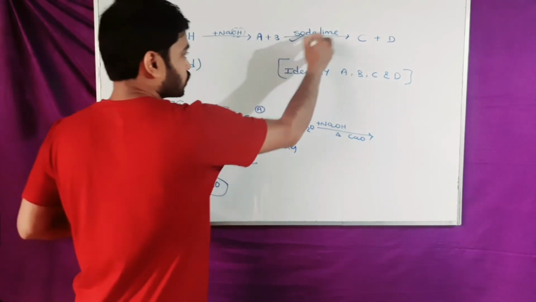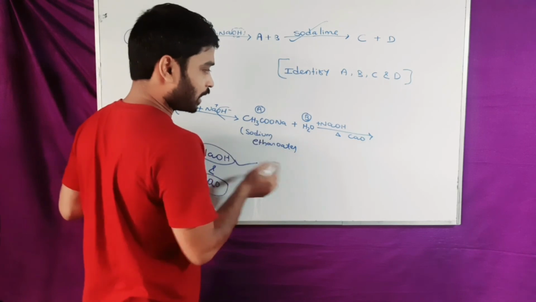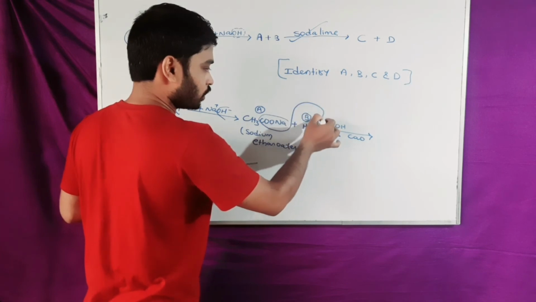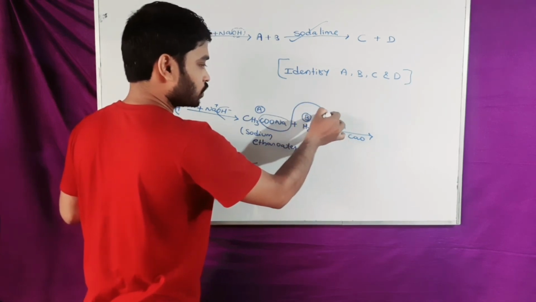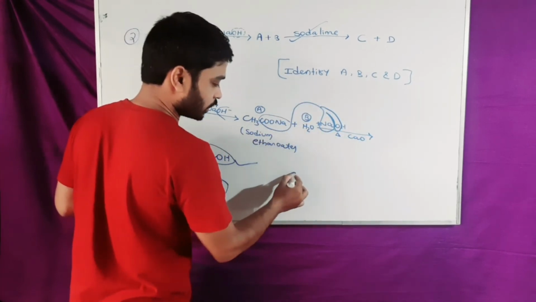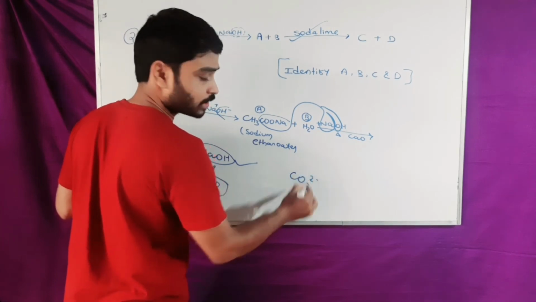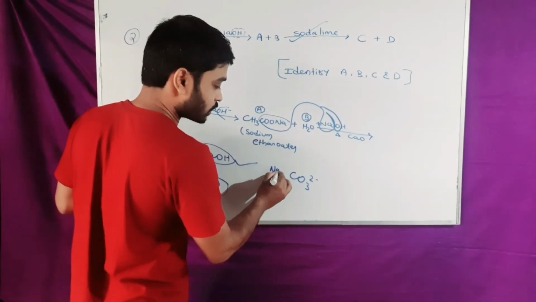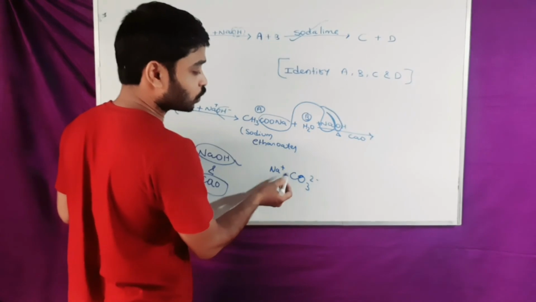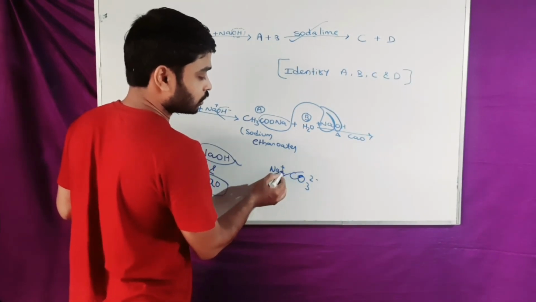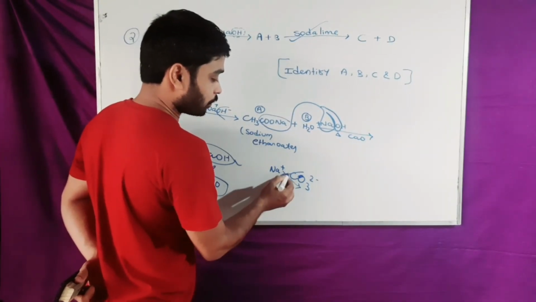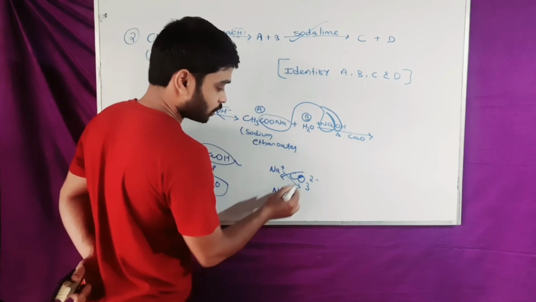Mark that the sodium will remove the carbonate part as sodium carbonate. You know that carbonate has the ionic formula CO3 2 minus, and sodium has the ionic formula Na plus, so the sodium will combine with the carbonate, forming Na2CO3.